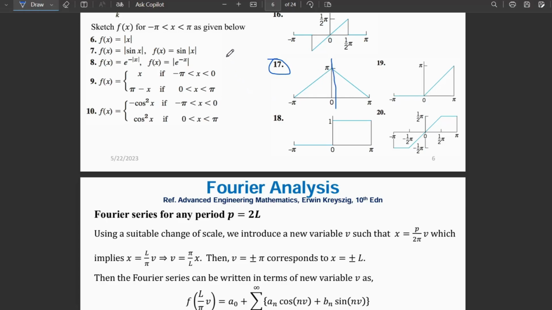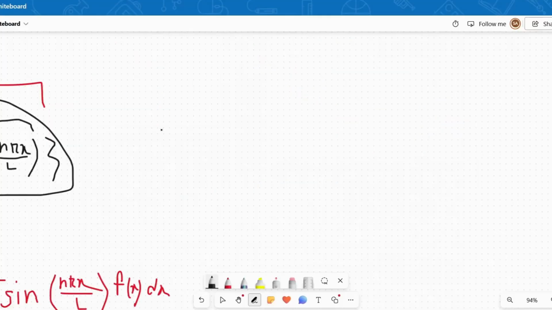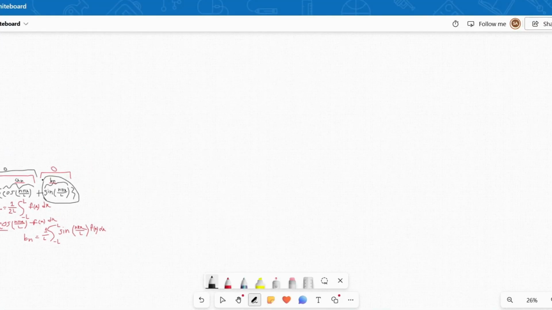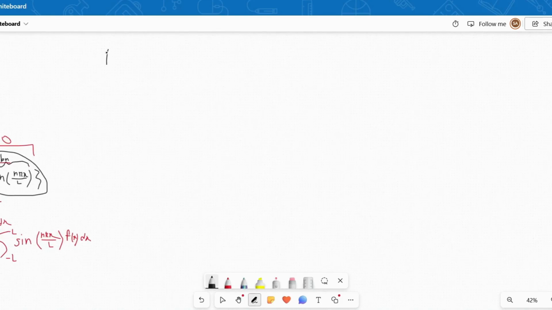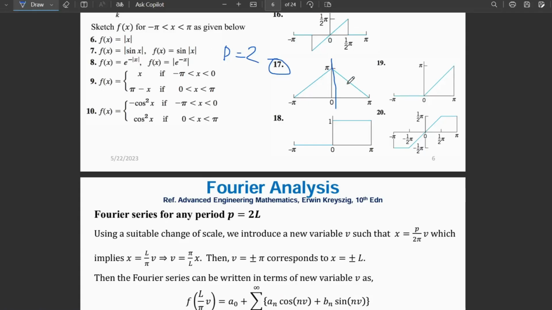And if I find the period, the period must be 2, sorry, there is a correction needed. The x range starts with pi, then 0, then minus pi.